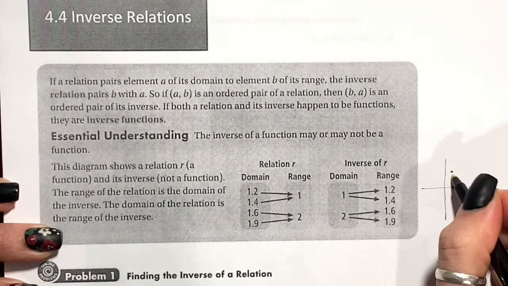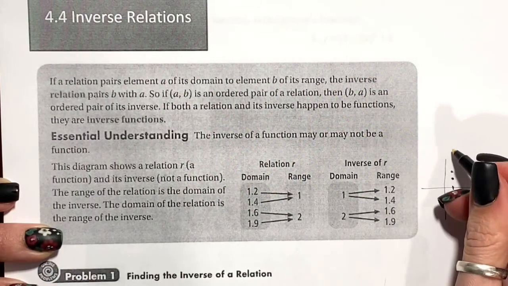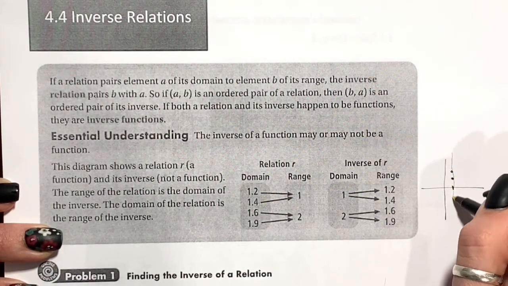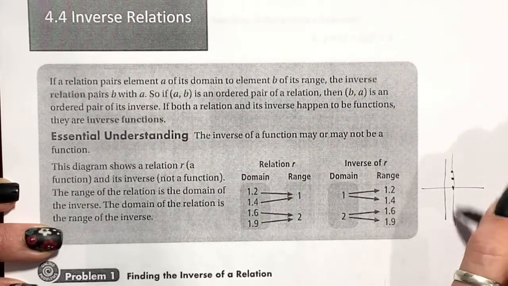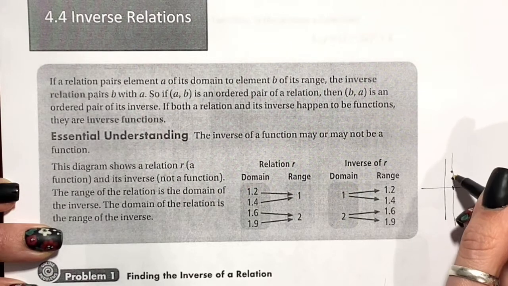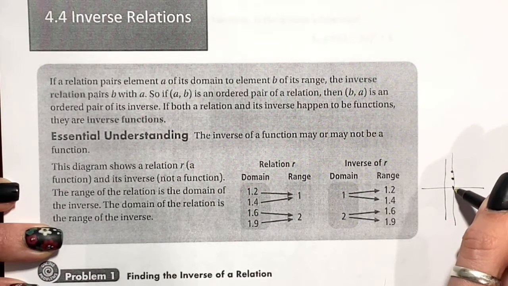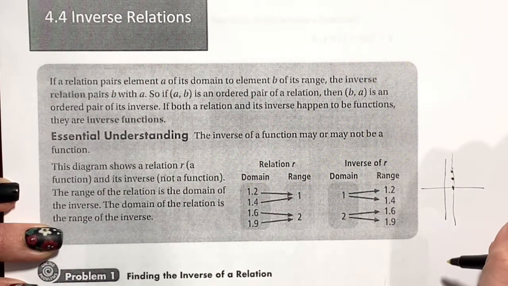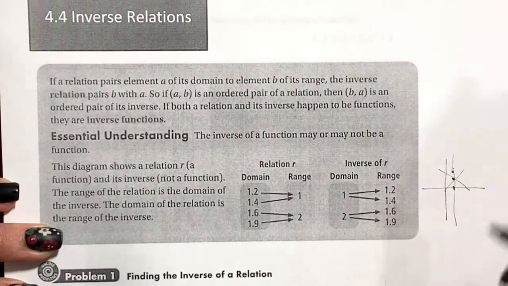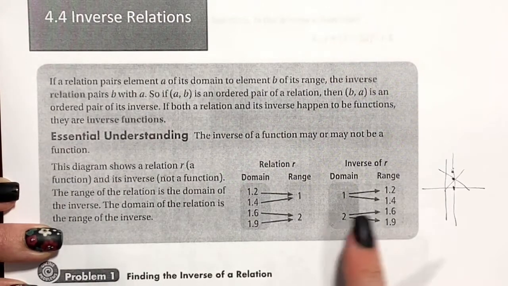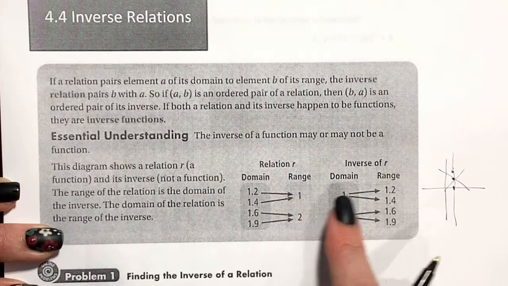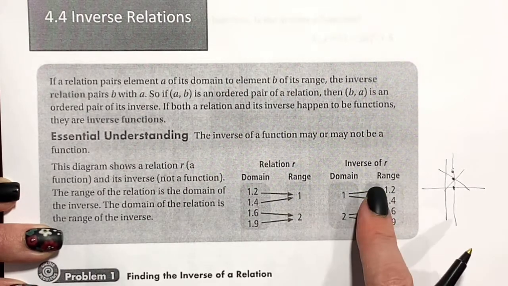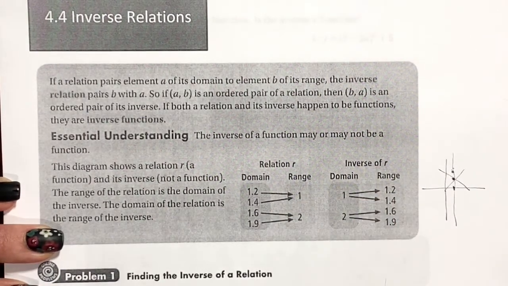So I would have these two points right here, and if you remember in middle school, you probably learned the vertical line test, that if I draw a line vertically, I can't cross two times, which is what is happening here, where we have one x value, we're over 1 for x, but it's hitting two y values, and that's where we have a problem. And so that would be not a function. So this is okay where we just have one arrow going to one thing, but if I have one x value with two arrows coming out, that's where it's no longer a function.